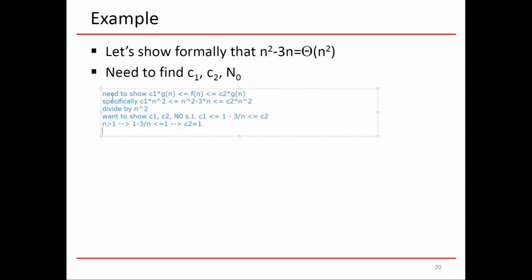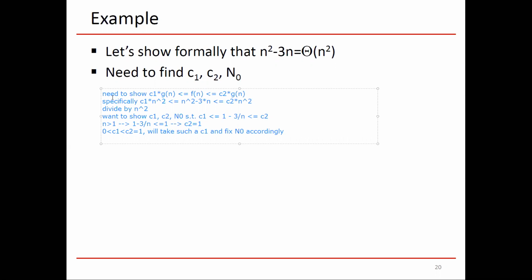What about the other part of the equation? So C1 is less than C2, which is equal to 1, and C1 is greater than 0. We'll take such a C1 and fix N0 accordingly.